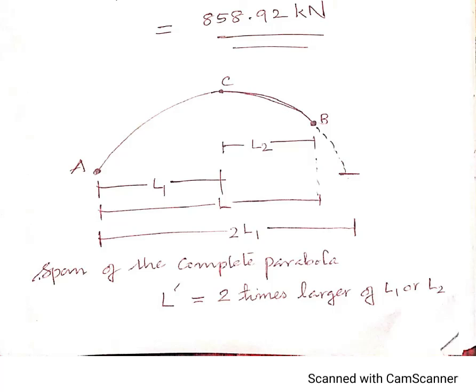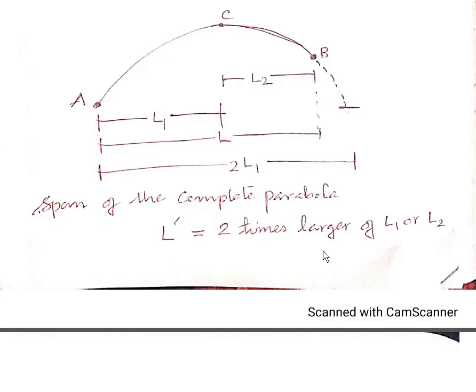Clear? In any question, remember, if L1 is the largest span, L dash is equal to 2L1. Or if L2 is the largest span, L dash is equal to 2L2. Okay, so this step is very important. Remember, L dash is equal to 2 times the largest span, L1 or L2.